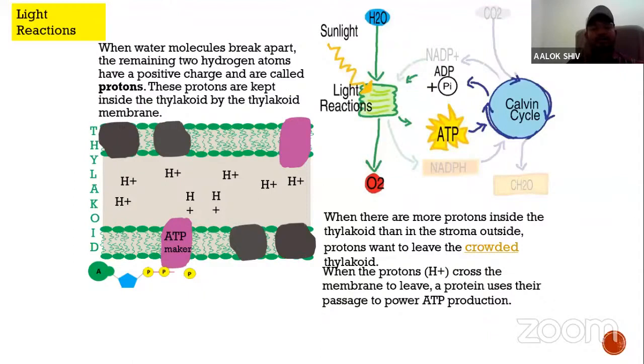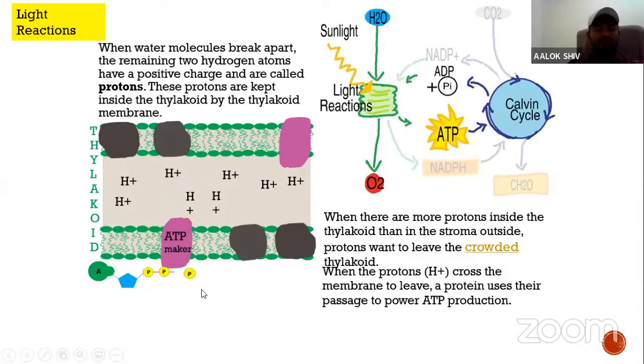So there is ADP present in the cytoplasm, that is adenosine diphosphate. When there are more H plus ions present in the thylakoid and they go out of the thylakoid membrane, the enzyme ATP synthetase present at the membrane utilizes that H plus ion and combines the inorganic phosphate.